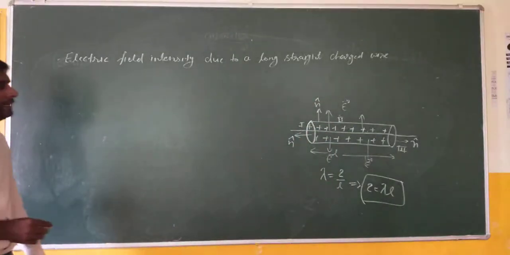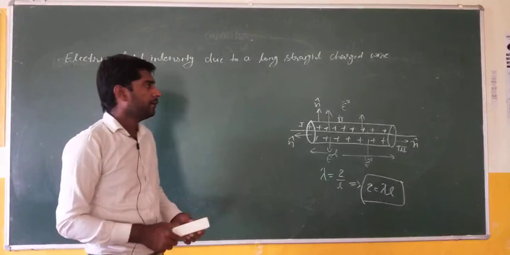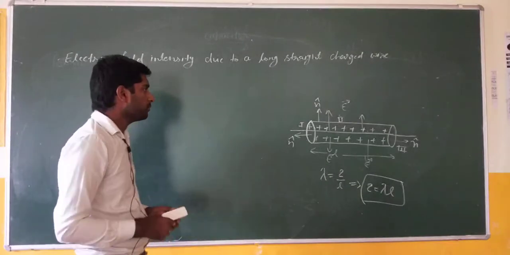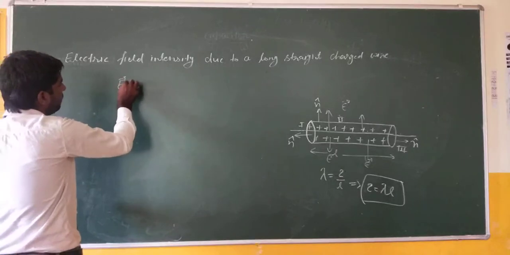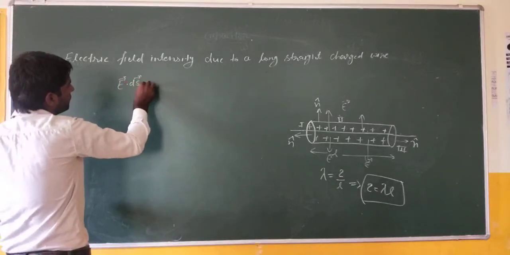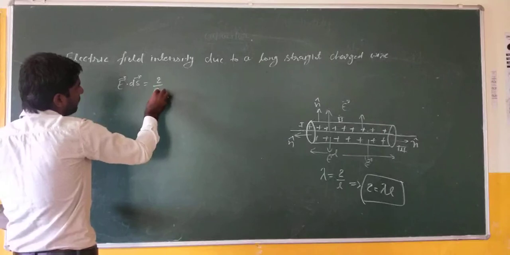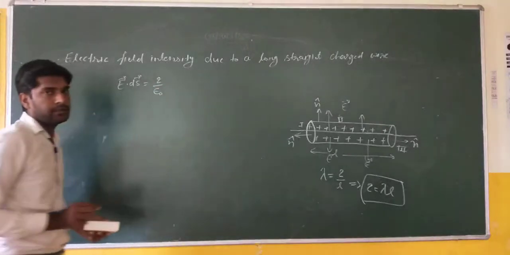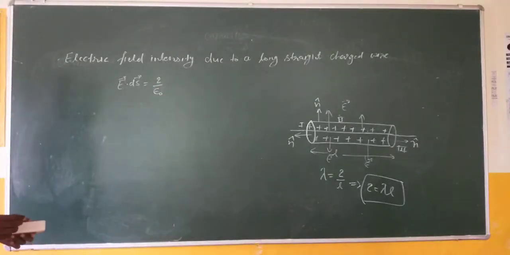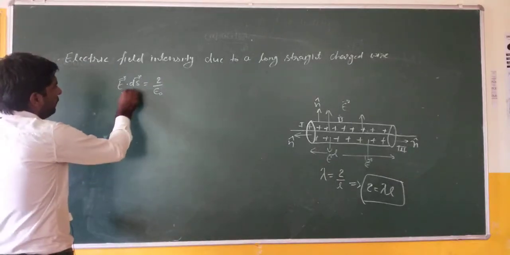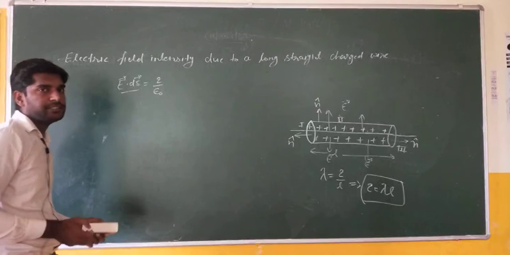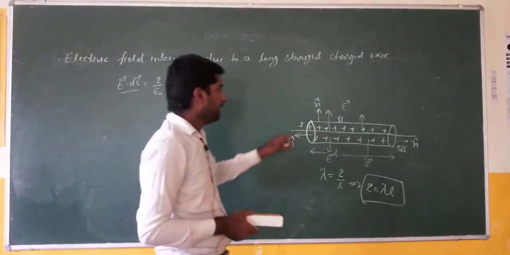Now to calculate the electric field, we will use the Gauss theorem. The Gauss theorem says the total electric flux, integral of E dot ds, is equal to Q upon epsilon naught. This is the statement or formula of Gauss theorem. E dot ds is the flux coming out of the cylindrical surface.